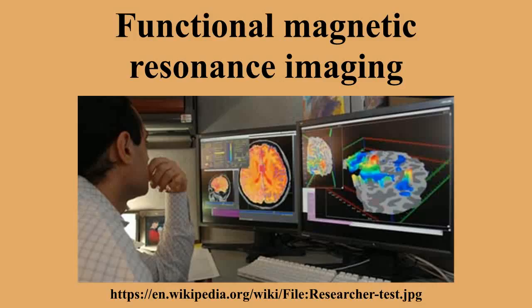The technique can localize activity to within millimeters but, using standard techniques, no better than within a window of a few seconds. fMRI is used both in the research world and to a lesser extent in the clinical world. It can also be combined and complemented with other measures of brain physiology such as EEG and NIRS.